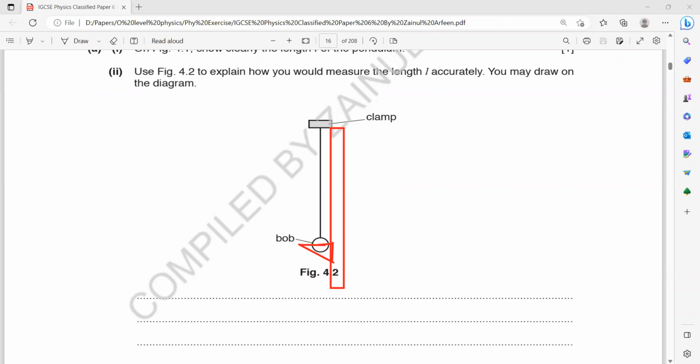So if you want to measure, place a meter rule close to the pendulum and then use a set square as a horizontal reference to avoid parallax error.